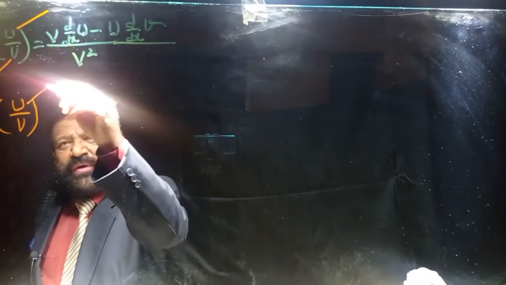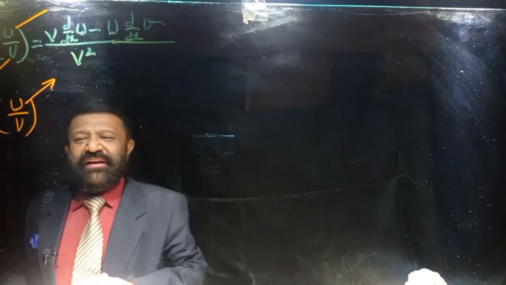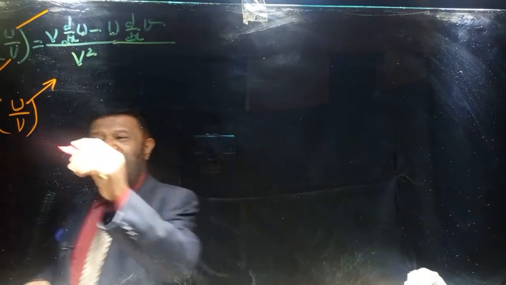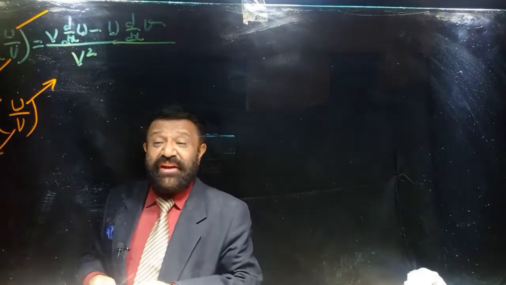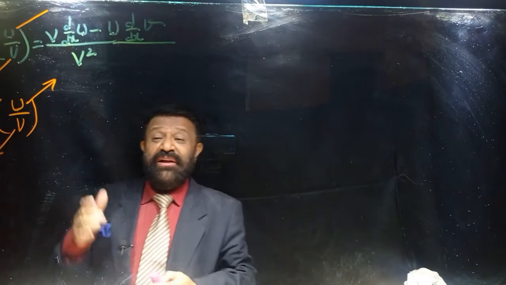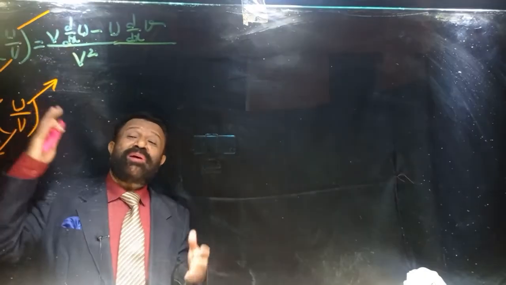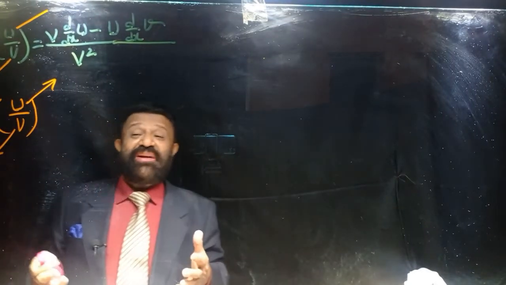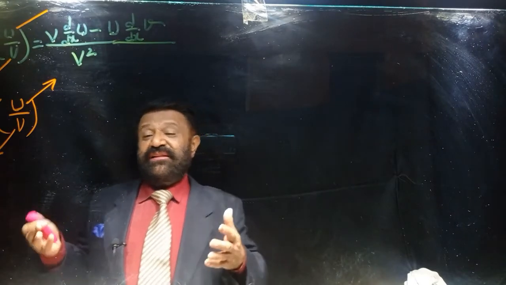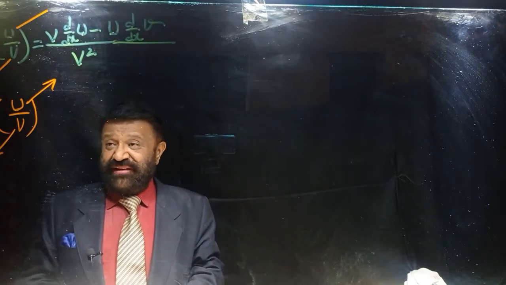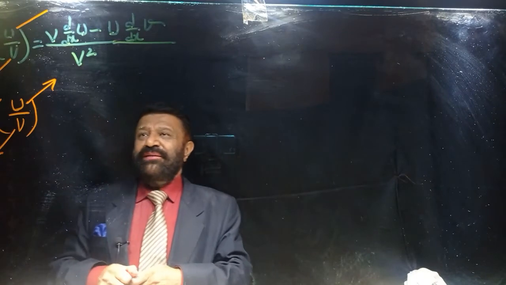U is the numerator and v is the denominator. These are the names. And salute to all those mathematicians who work day and night and make our comfort level high.